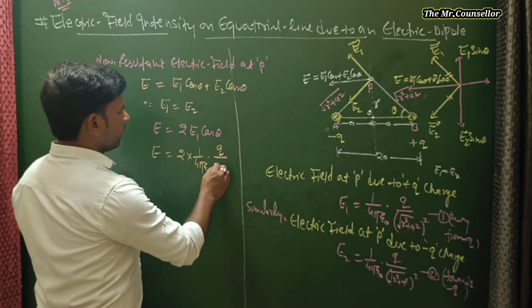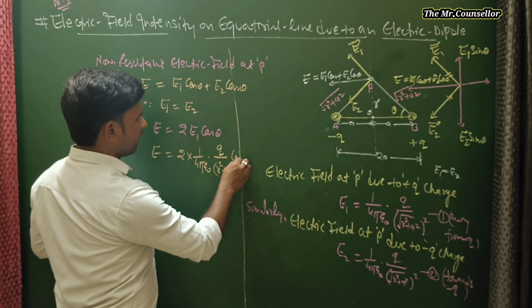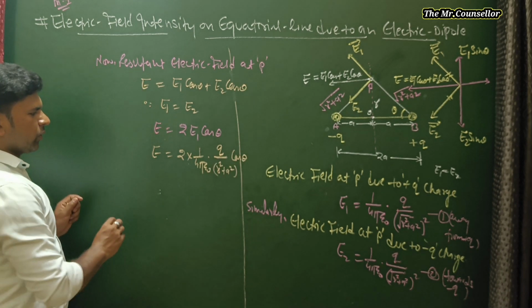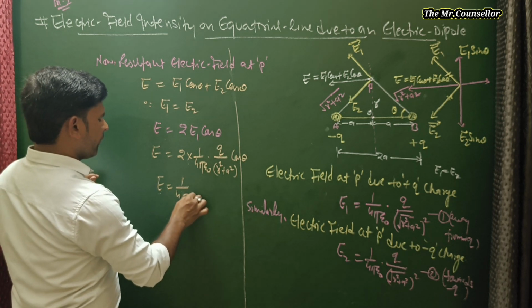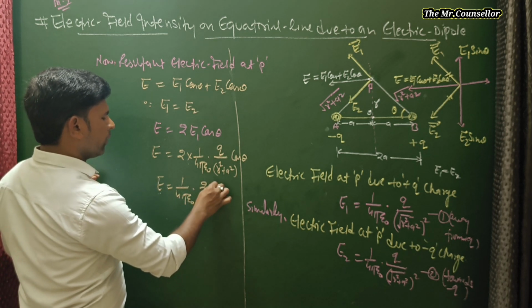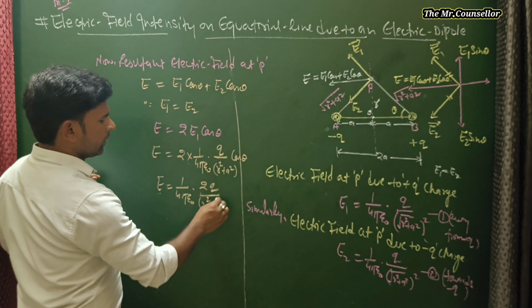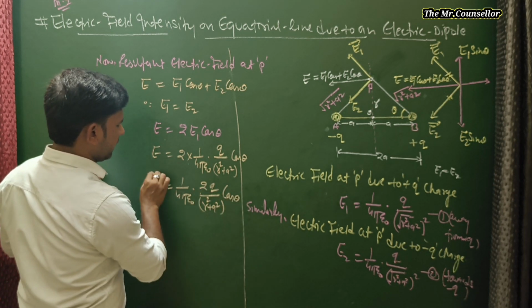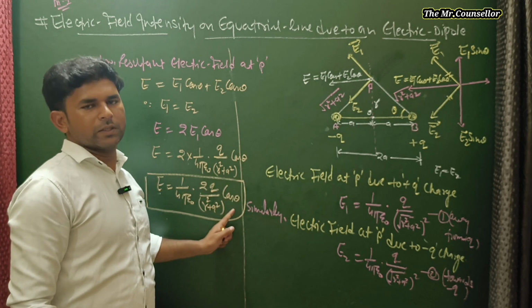So you can write here only R square plus A square. Here you can write cos theta. Is it okay or not? So now you can write E is equal to 1 upon 4 pi epsilon naught into 2Q upon R square plus A square into cos theta. This is not a final equation. You got this equation in the form of cos theta.